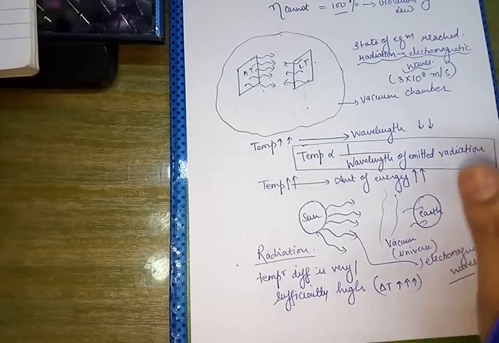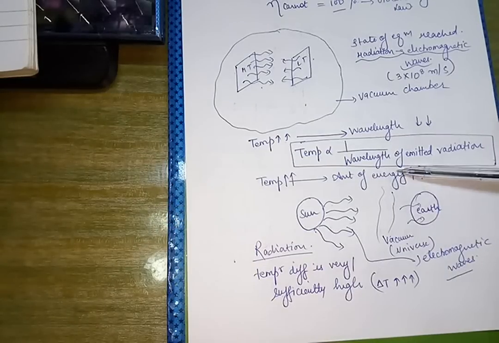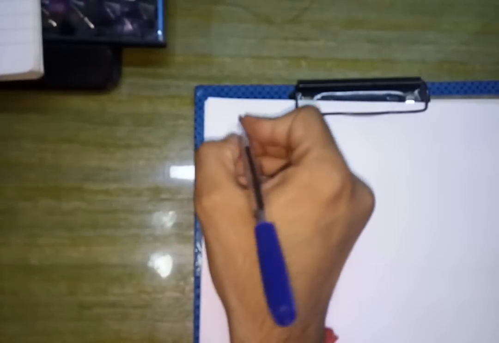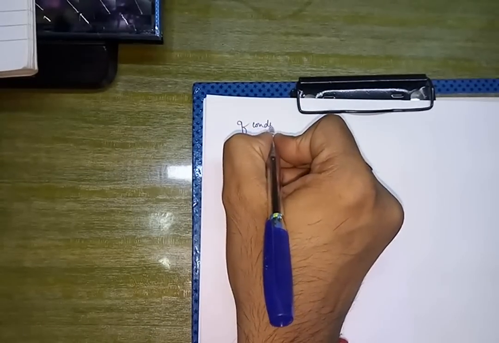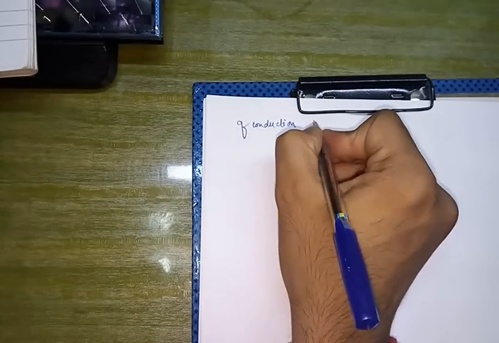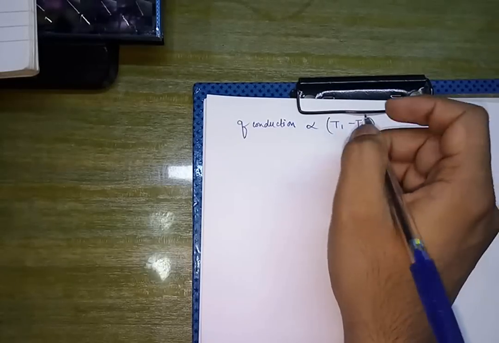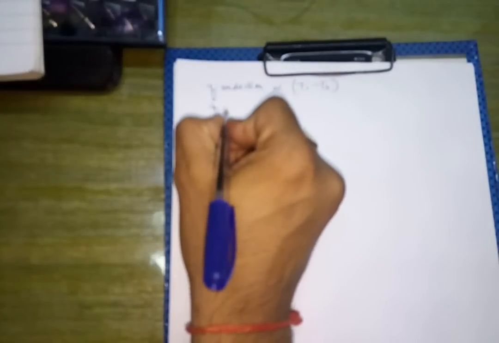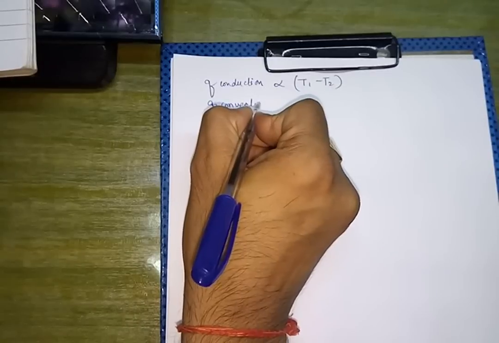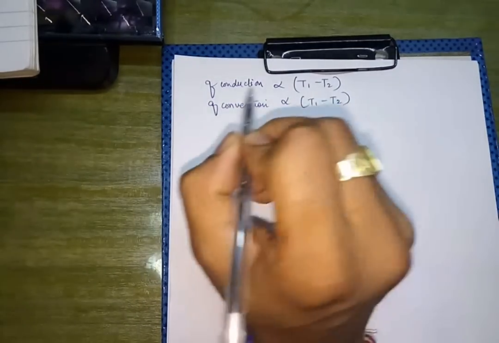Now if we compare all the three modes of heat transfer, that is conduction, convection and radiation, we will observe that in case of Q conduction, the heat was directly proportional to T1 minus T2, that is the difference of the temperatures. Now in case of Q convection also, the heat was directly proportional to T1 minus T2.